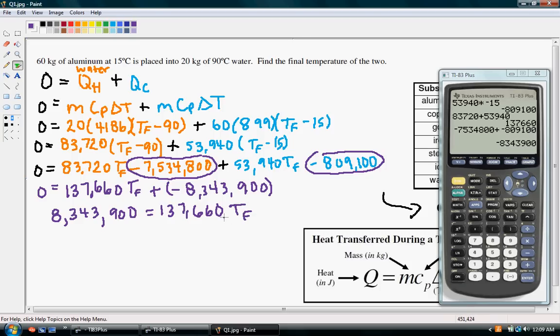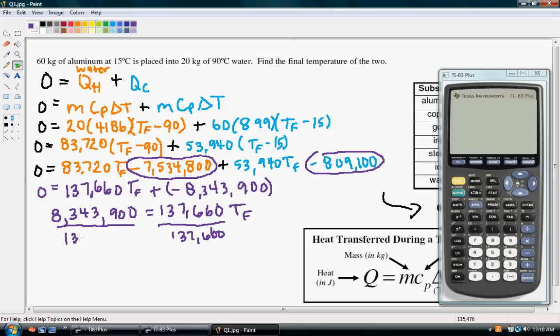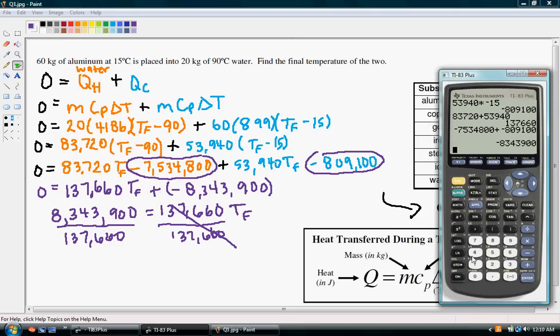So now if you want to solve for the final temperature, the last thing that you need to do is divide both sides by this 137,660, and that will get your final temperature on its own. Alright, of course on this right side these cancel out. Alright, so 8,343,900 divided by 137,660, and we get 60.61 degrees.